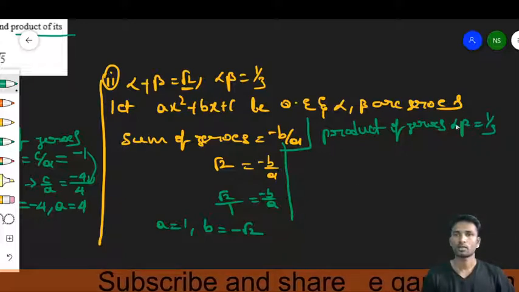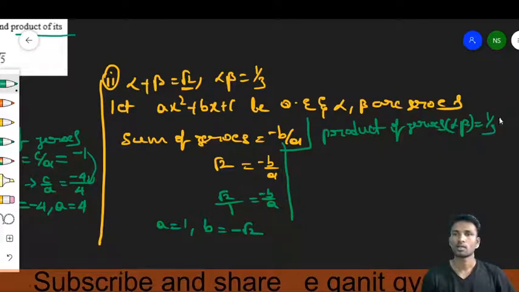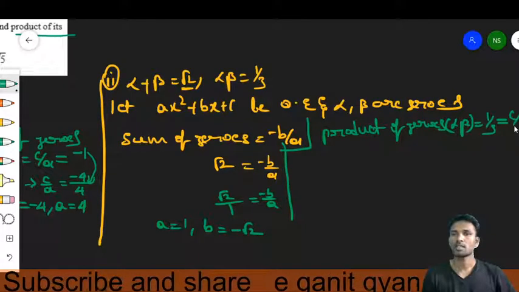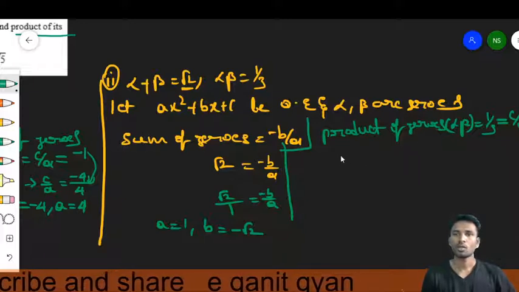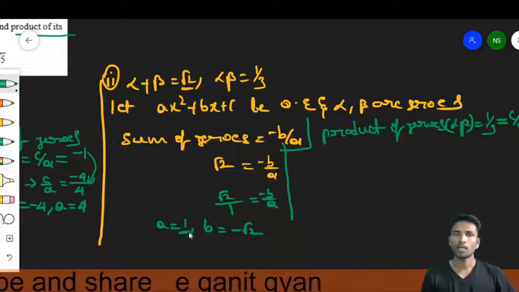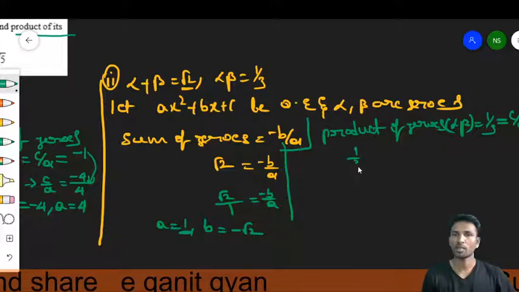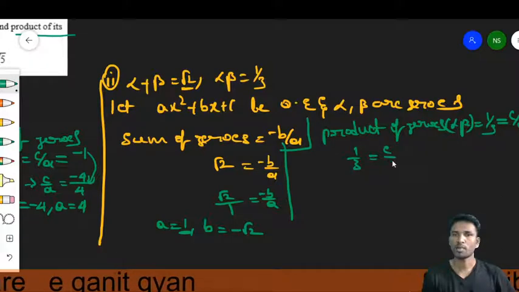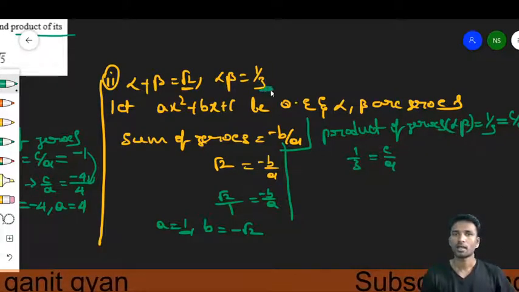Product of zeros, oh sorry, it is in brackets, is actually c by a. So already I got a value here as 1, but if I compare this 1/3 and c by a, here I will get another value, right?